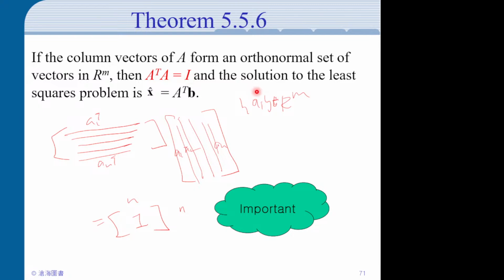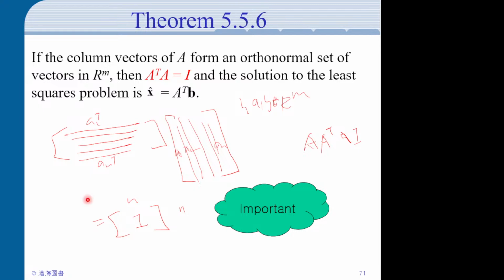First of all, we only define A inverse on n by n matrices, remember. Also, AᵀA equals identity, but AAᵀ will not equal identity, because AAᵀ will be an m by m matrix, and that will not be identity.